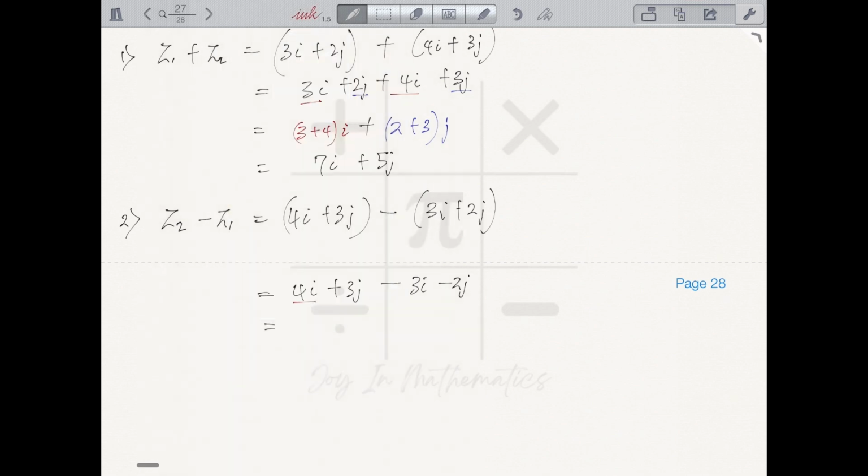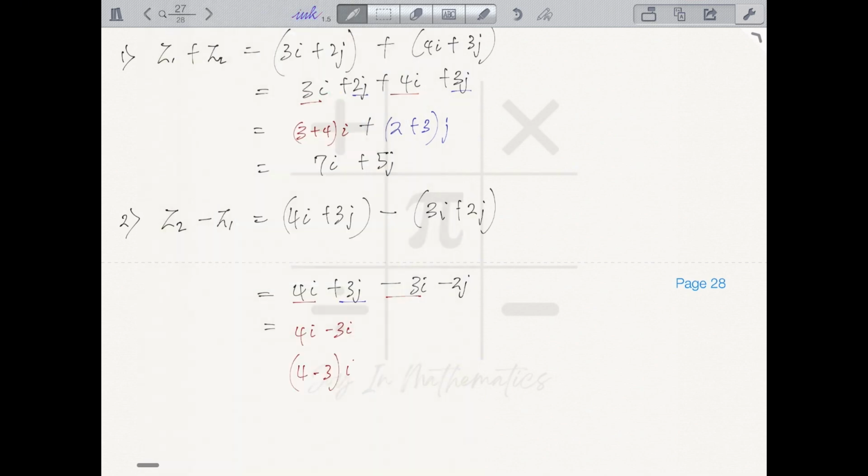So we have 4i minus 3i, which can be written as 4 minus 3 i.